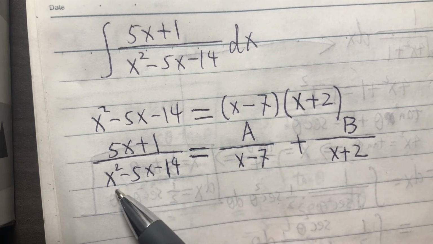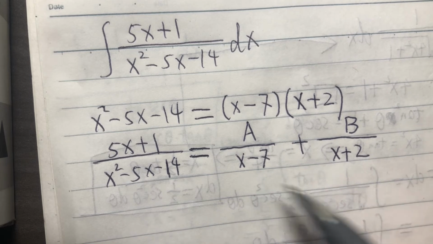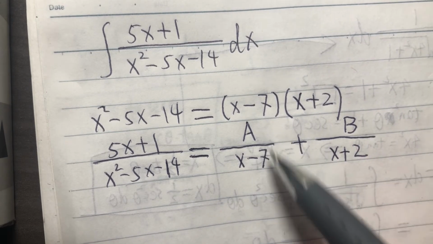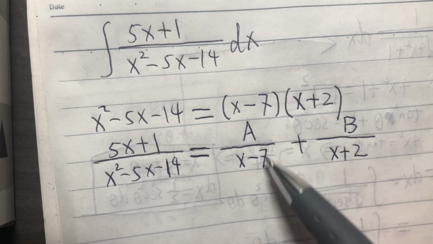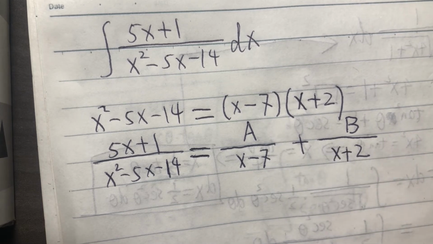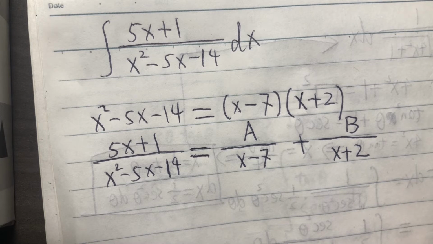So here the denominator is quadratic, so it has degree 2. But here the degree is 1, so the numerator always has one less degree than the denominator. So the numerator should have degree 0, which is a constant. Constant has degree 0.